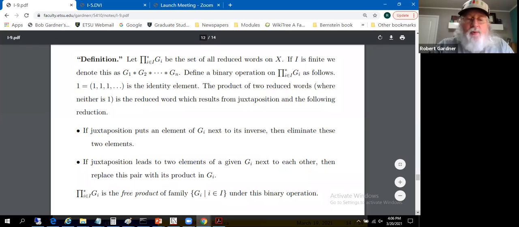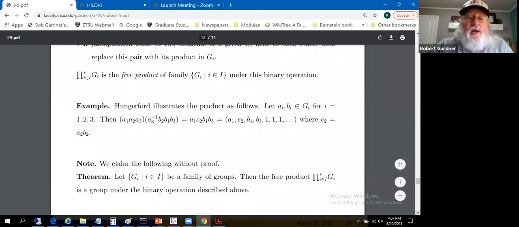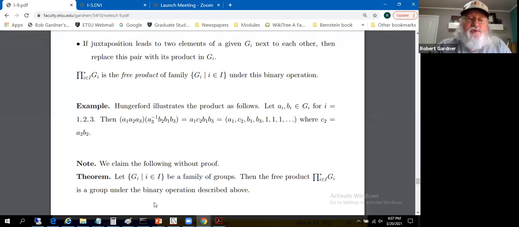To be quite informal, the result is called the free product of this family of groups under the binary operation. Quick little comment at the bottom of the page here. It really is a group. We'll state without proof the fact that the free product of a family of groups actually is a group under the binary operation that's described.